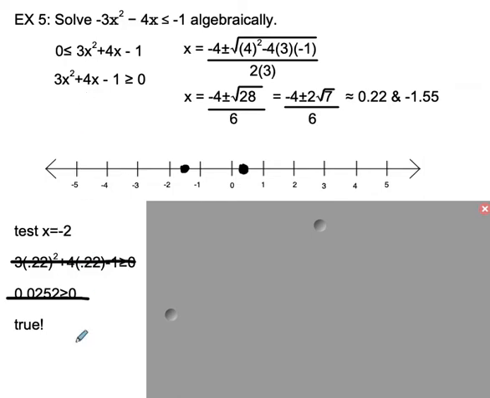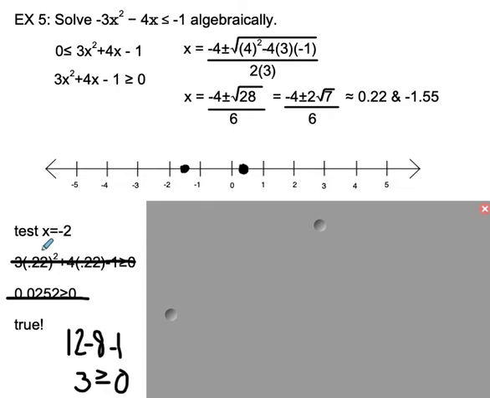Okay, that's fine. So we have 12. Plus 4 times -2. Well, 4 times -2 is -8, so that's -8. Minus 1. 12 minus 8 is 4, minus 1 is 3, and the last time I checked, 3 is still greater than or equal to 0.